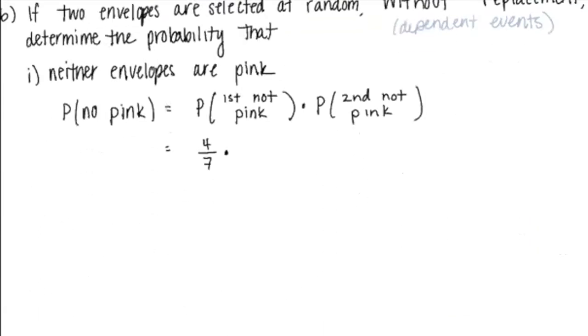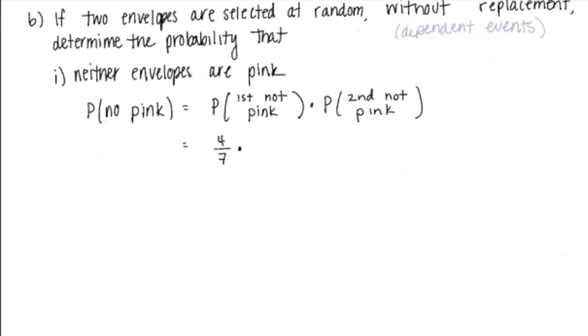So without actually looking at it, you can kind of do it right from here. You pulled an envelope, so you have 6 remaining. You used up one of your options. So instead of having 4 non-pink, you have 3. So in the top, you've used 1 non-pink up. And you also have 1 less envelope in your pool.